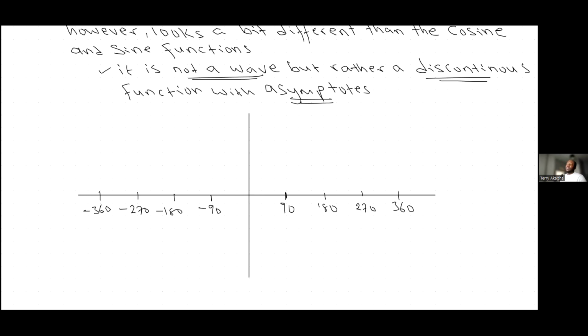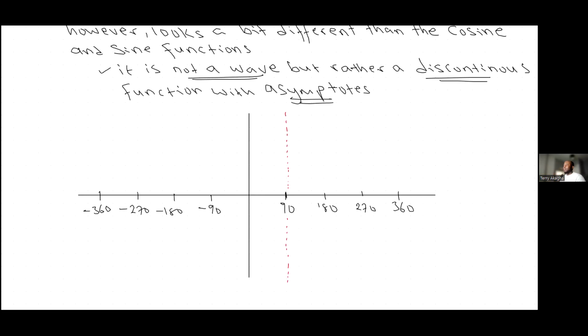Now, one of the things you will first notice is that there is a vertical asymptote at a particular angle, from 90 degrees and every 180 degrees after that. So what we are saying is that at 90 degrees, you can't have an answer. So it's a vertical asymptote at 90 degrees. You're going to have one every 180 after that.